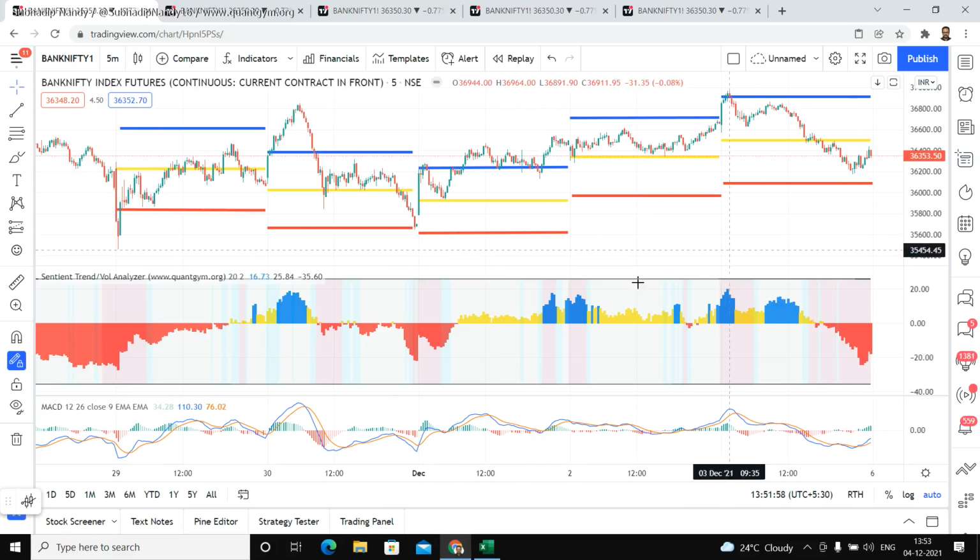So when the lower levels start getting breached, and especially this particular zone, 36700 and something, then expect the market to go down even faster. But this 36700 was basically the support for the last week, the lowest support, and we already had the 35700 level twice. So this will probably act as the first support on Monday if we get a lower level breakdown, and then it will bounce.